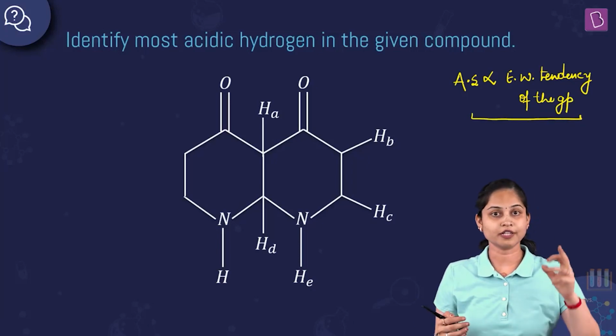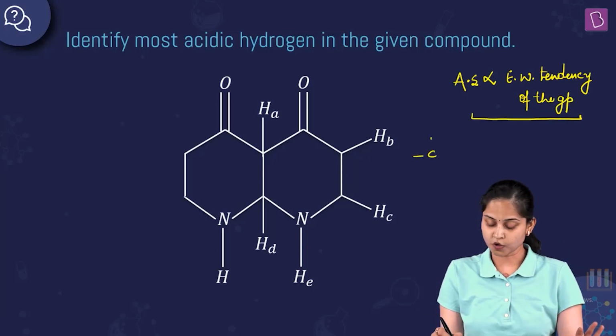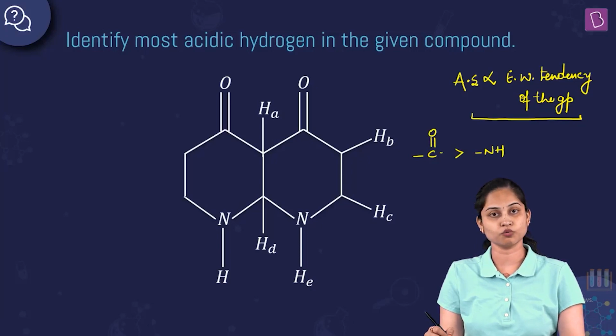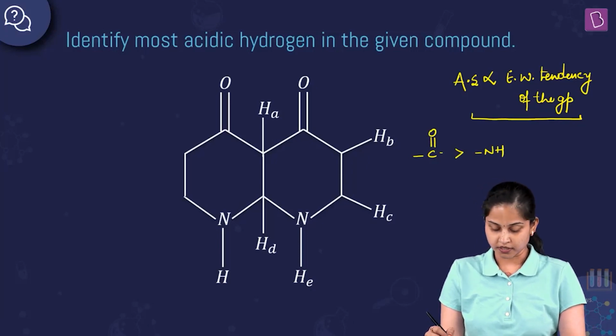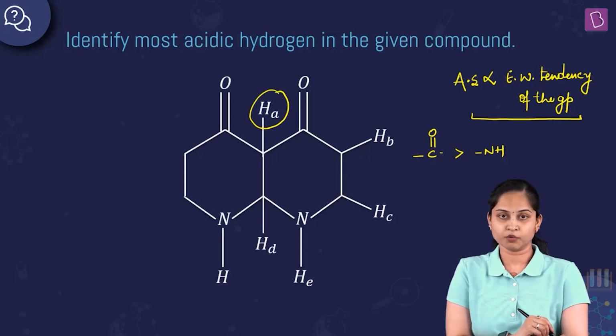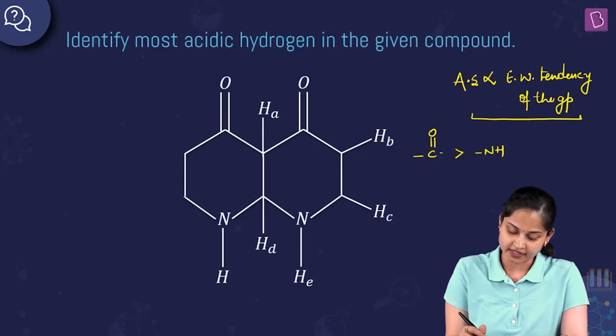If I talk about the electron withdrawing capacity, the electron withdrawing capacity of C double bond O group is more than the electron withdrawing capacity of NH group present. Okay, now if I deprotonate this HA proton, I'll get the negative charge over here.